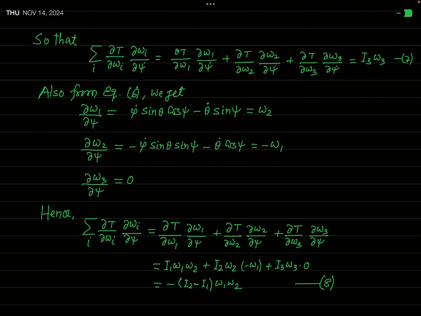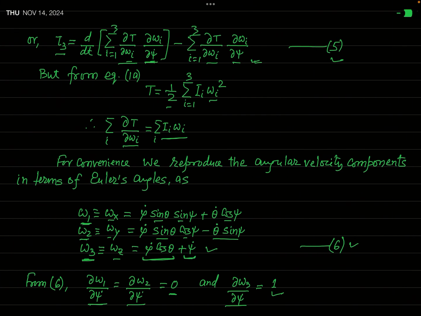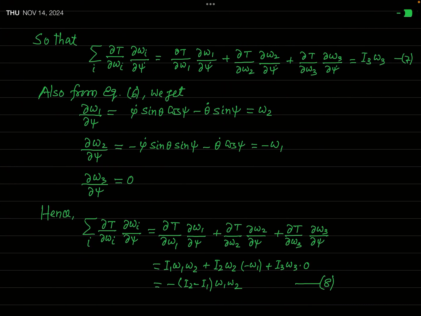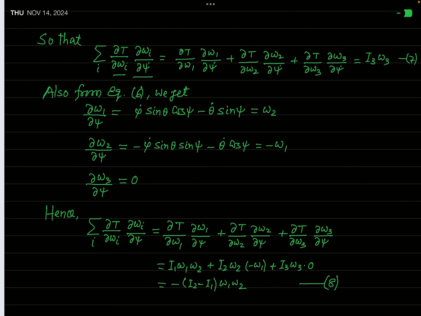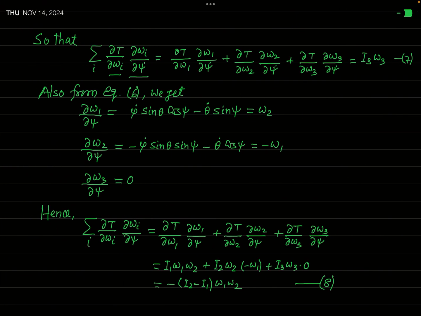We have obtained the value of this del T by del omega I times del omega I by del psi dot with summation over I. First of all, let us evaluate all the terms, and after that we will put the values in this equation 5. Okay. So let us see. Summation over I, where I runs from 1 to 3, of del T by del omega I times del omega I by del psi dot.